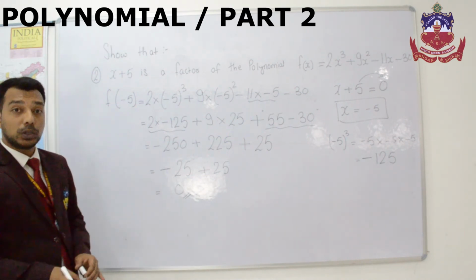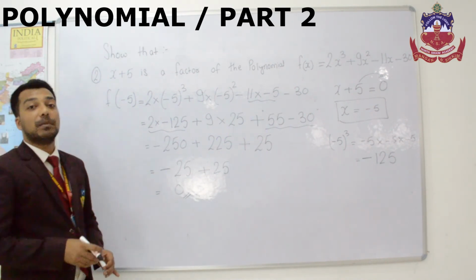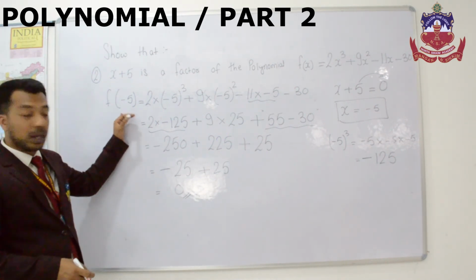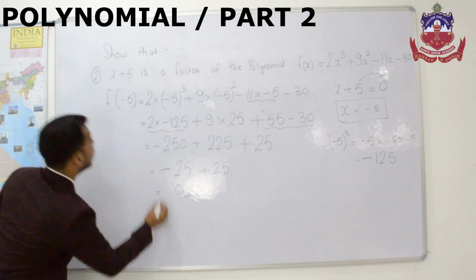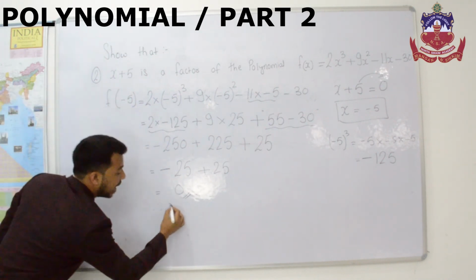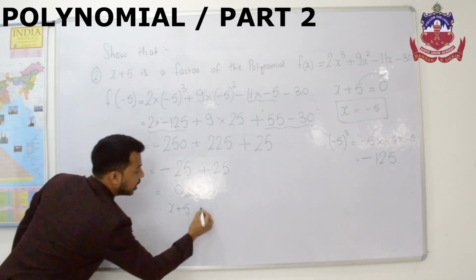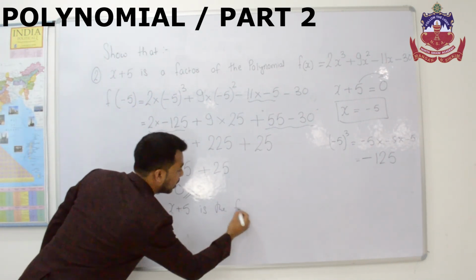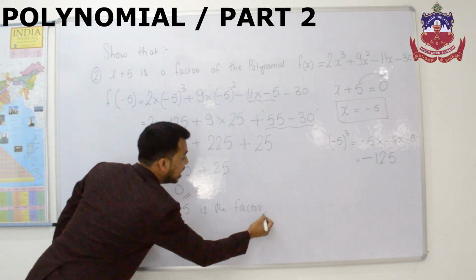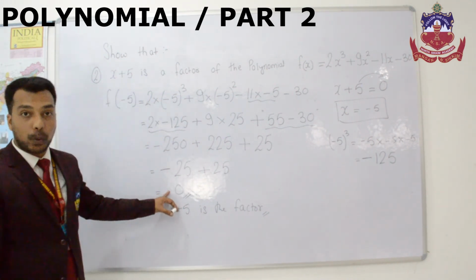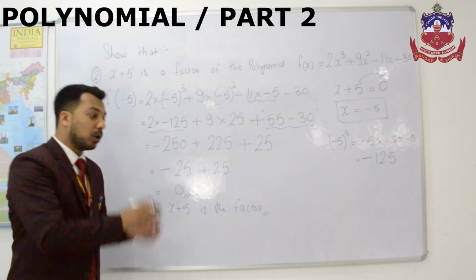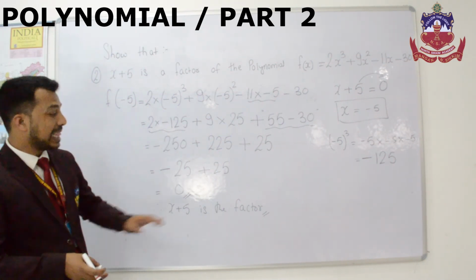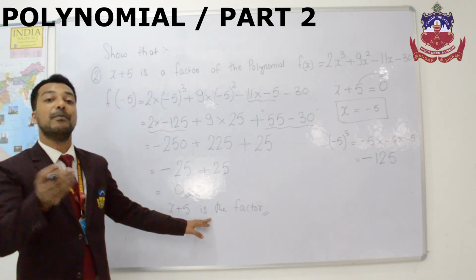So if when the value of a variable is substituted in a polynomial and we get the answer as 0, we say the smaller expression, that is x plus 5, is the factor. And if the remainder does not come 0 and instead of 0 we get some other answer, that is a positive number or a negative number, that time it will not be known as a factor.